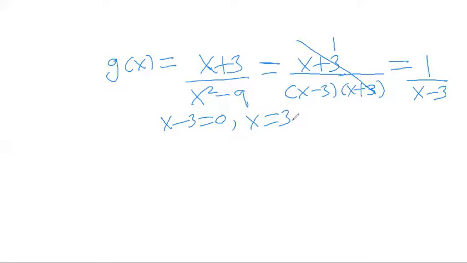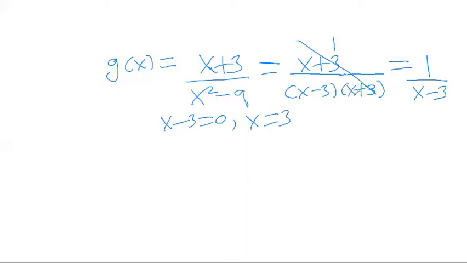Now, here's the thing. Yes, there's only one vertical asymptote. It's a good thing we didn't set this equal to 0 and solve it because we get two values, but the problem is that one of them actually cancels out here. So you have a vertical asymptote of x equals 3.